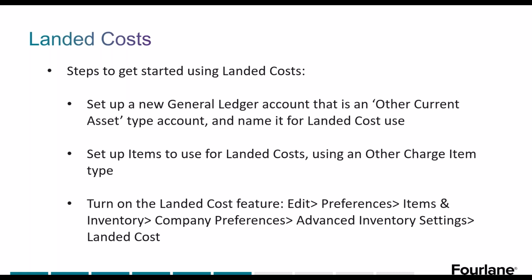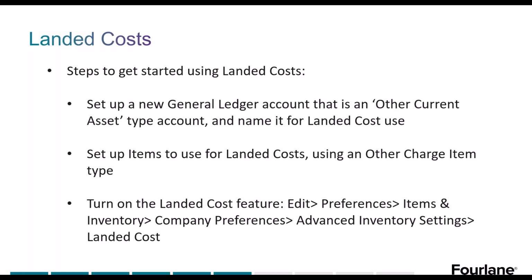That's the initial setup. Then we're going to want to turn on the landed cost feature, which you do by going to Edit, Preferences, Items and Inventory, Company Preferences, Advanced Inventory Settings, and then Landed Costs.